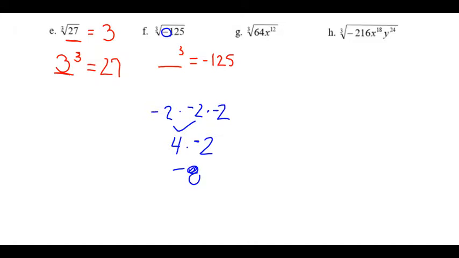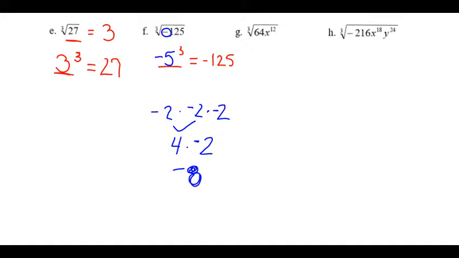So you can have a negative under an odd radical, but you can't have a negative under an even index. If it was a square root or a fourth root, you have to have a positive number, not a negative, but with the cubed root you can. And the cubed root of negative 125 is going to be negative 5, because negative 5 times negative 5 times negative 5 will give me negative 125.